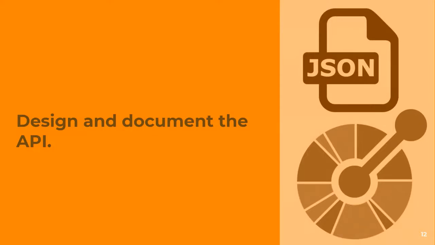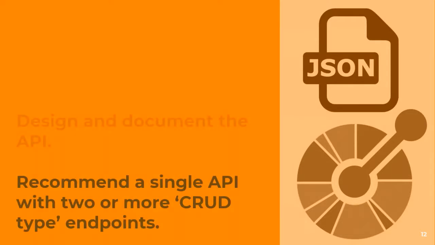No discussion about APIs would be complete without the two logos on the right hand side, in our opinion. So you need to really get stuck in with the design and the documentation of your APIs.